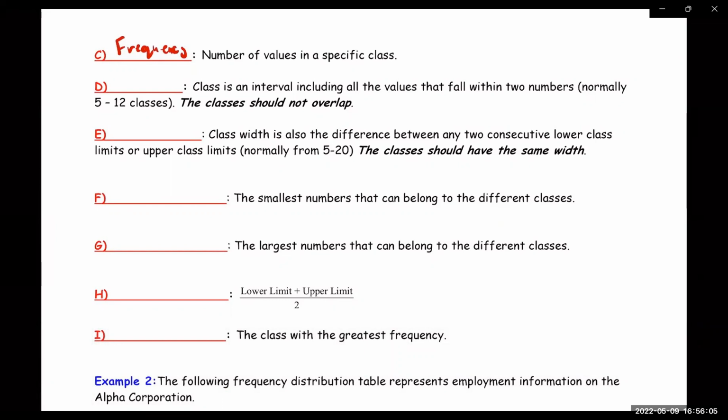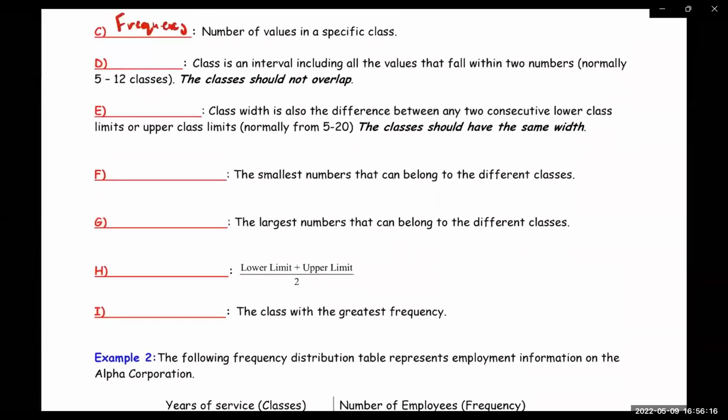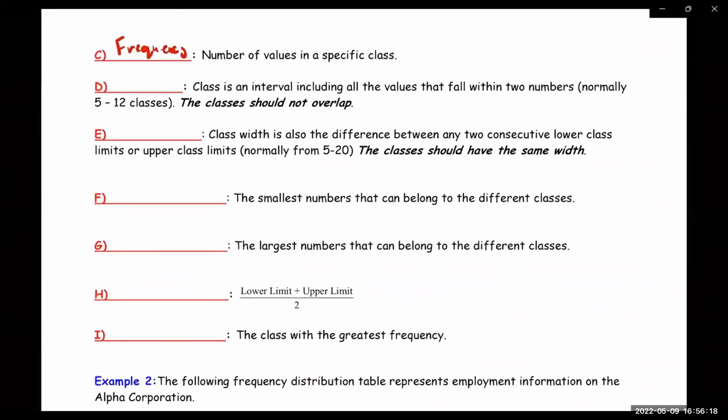Class is an interval including all the values that fall within two numbers. What do we do there? I'm not sure what they want there. Hold on, let me think about that one. Class, an interval including all the values that fall within two numbers. Yeah, that's just a class.